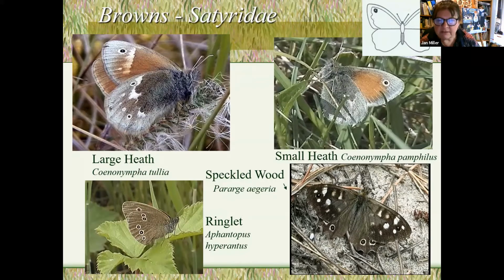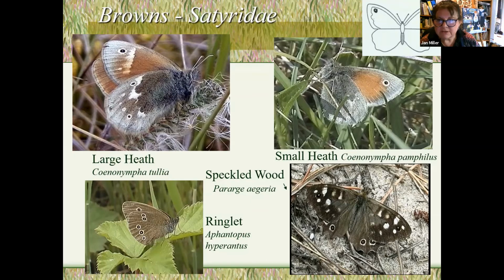But the small heath is a more, oh dear, I've forgotten the word. Getting old now. What's the word? There's a word for if they eat more plants. Anyway, they're more catholic in their eating habits, so it's more common.